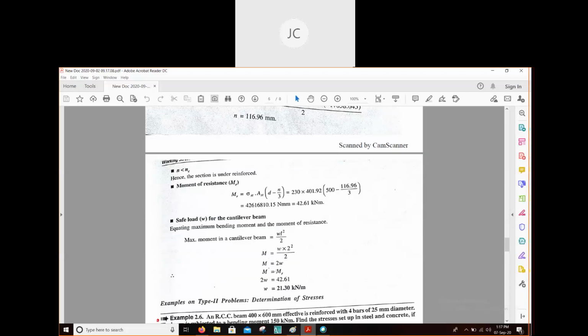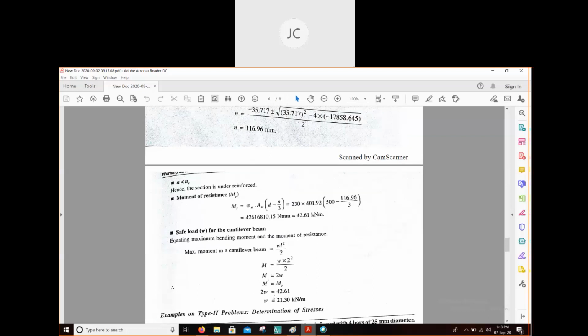So this is the problem where we have calculated the moment of resistance, and then the uniformly distributed load. In the next type of problems we will determine the stresses. That means the moment of resistance value will be given to you, and based on that we have to find out what stress is developed in concrete and what stress is developed in steel.